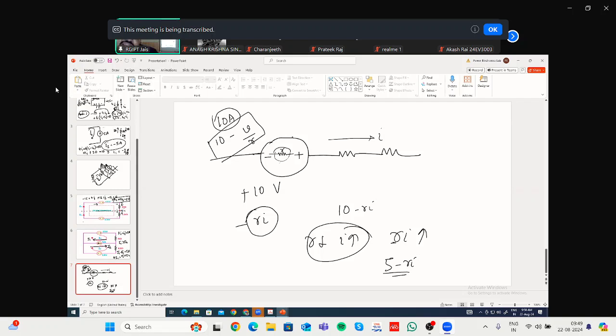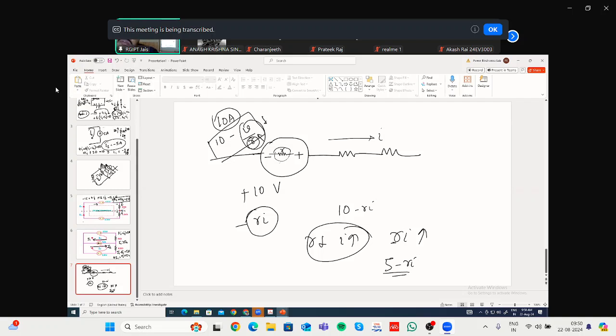If R is very high, then this part will be negligible, this part will be very small. Then you can neglect this part and consider that the current source will give you this much amount of current.